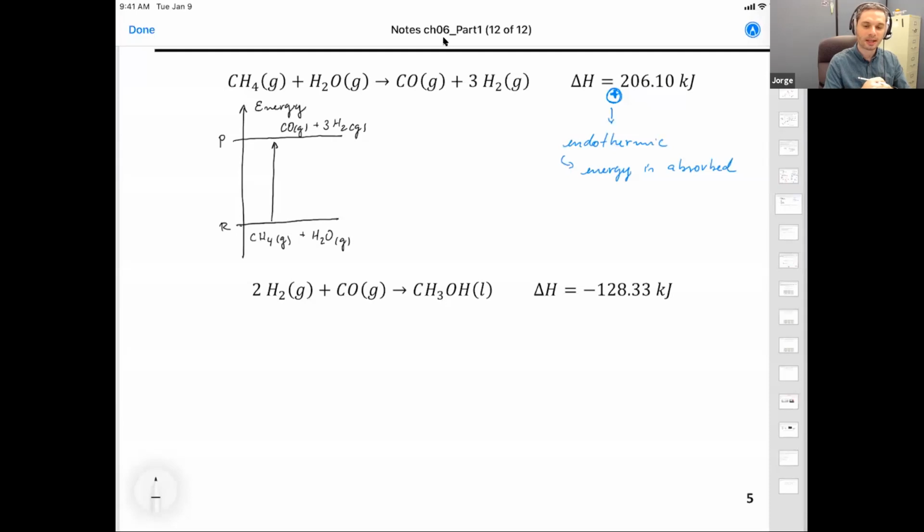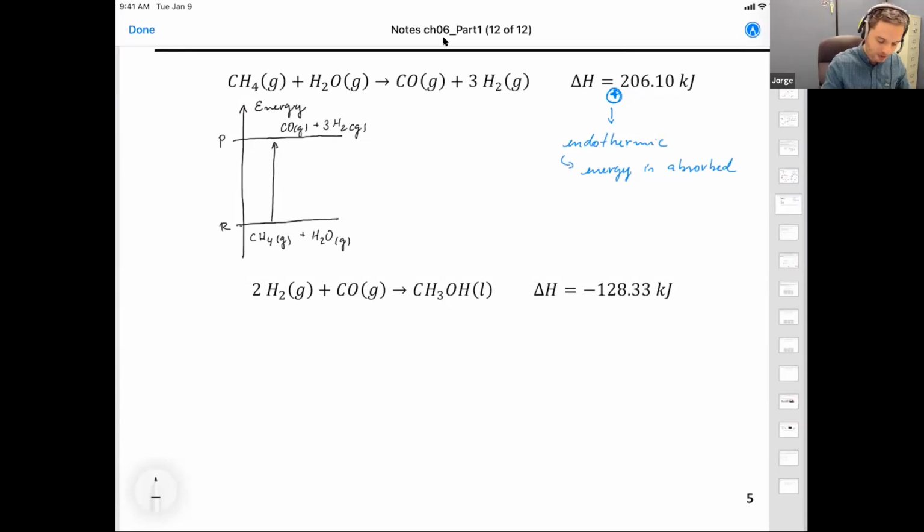Now, let's take a look at the reaction below. Hydrogen and carbon monoxide produced can react, and the only product formed is CH3OH, which is methanol. And the delta H for this reaction is minus 128.33 kilojoules for the process.